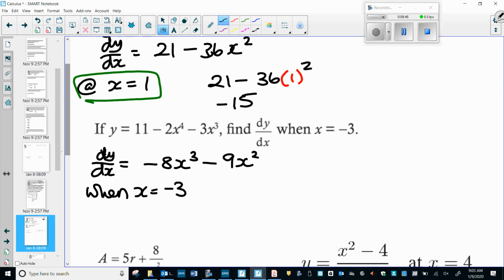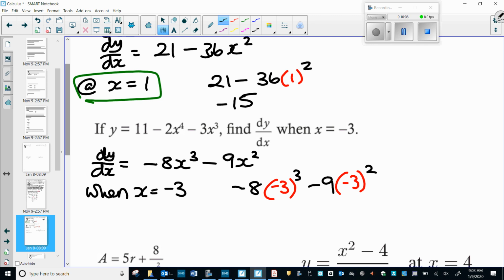So when x is negative 3, we're now going to substitute that value in. We've got negative 8 multiplied by negative 3 cubed.